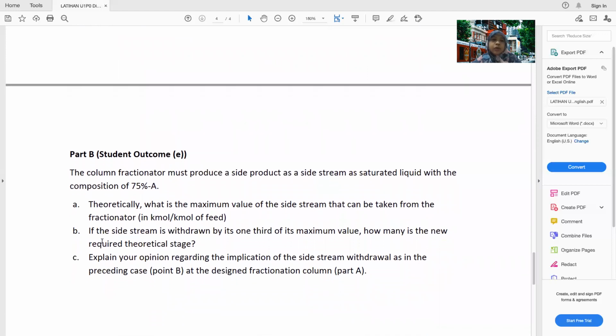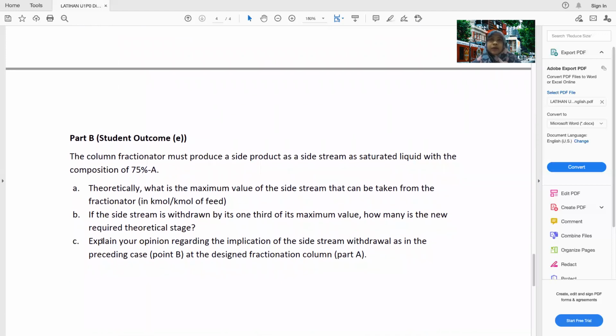There's also the second number. The second problem is a non-compulsory assessment, but I think it's better that you try to answer it. This is part B, which is student outcome E in ABET, which is about problem solving. We need to be able to construct a problem and also know how to solve it.